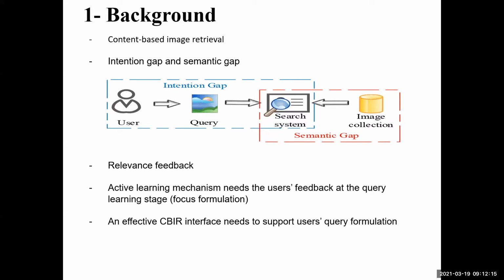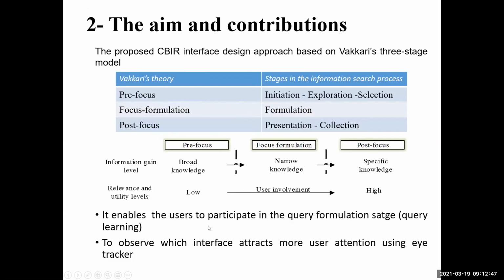In this paper, we implement the interface using the Bakary model, which has three stages. The active learning mechanism is located in the focus formulation stage, so the user can be engaged in that stage rather than only at the assessment stage, which is the final stage of the retrieval system.